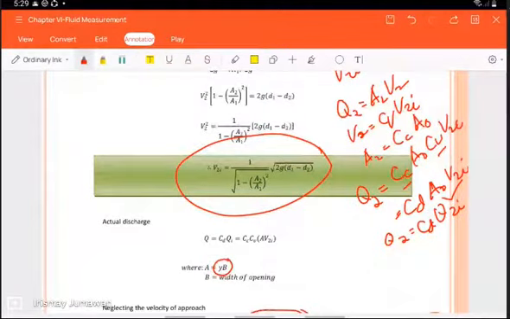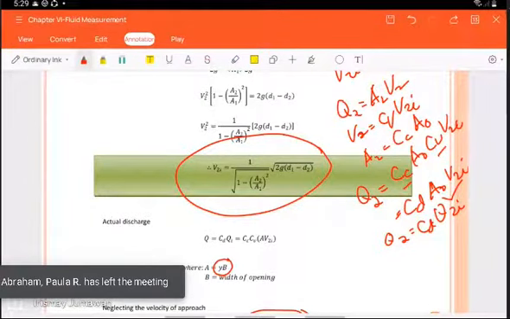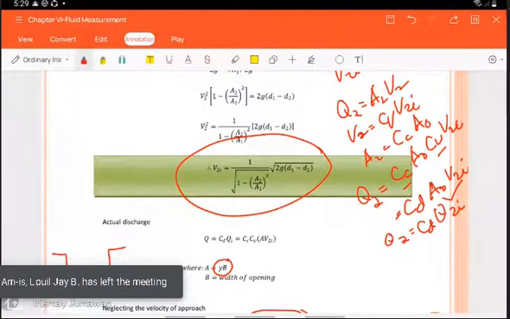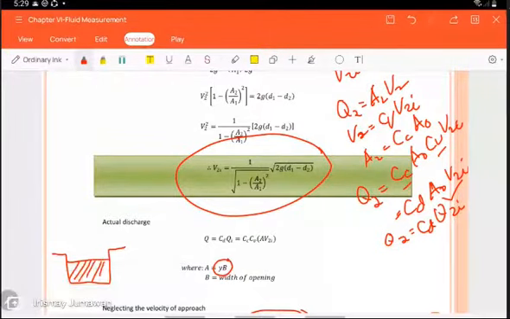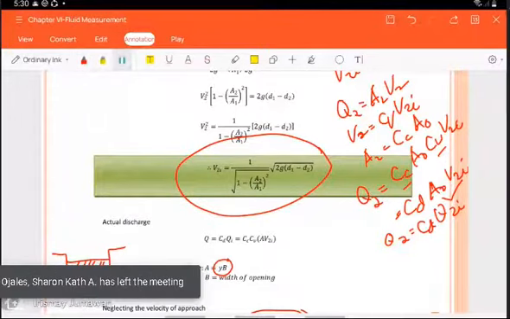Then the area there, since it is a gate, B is the width of the opening, provided this is a rectangular channel, then you put a gate there. So if your gate is this one, then you raise it, for example, to make an opening.